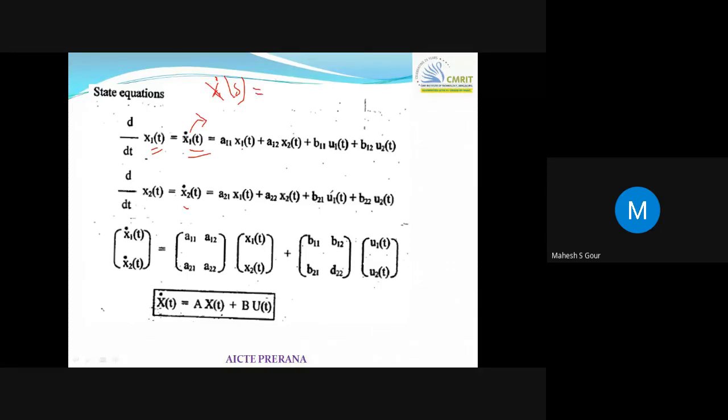For this, I need to write s x of s minus x of 0. So this is one more formula that we are using. Any differentiation, if it is there, we are taking s x of s minus x of 0.